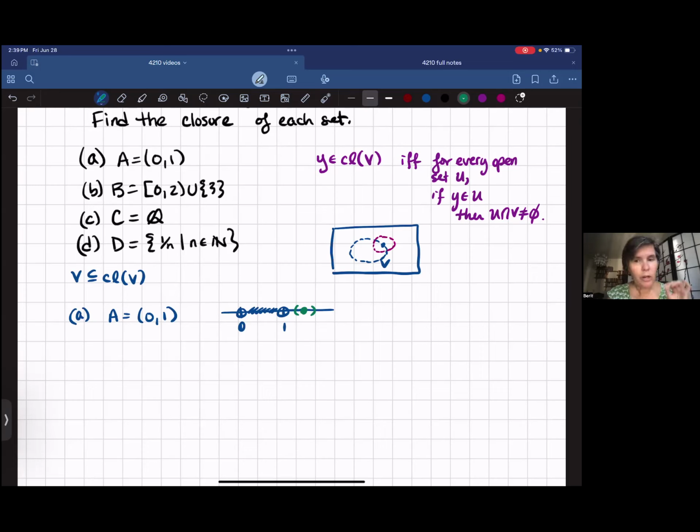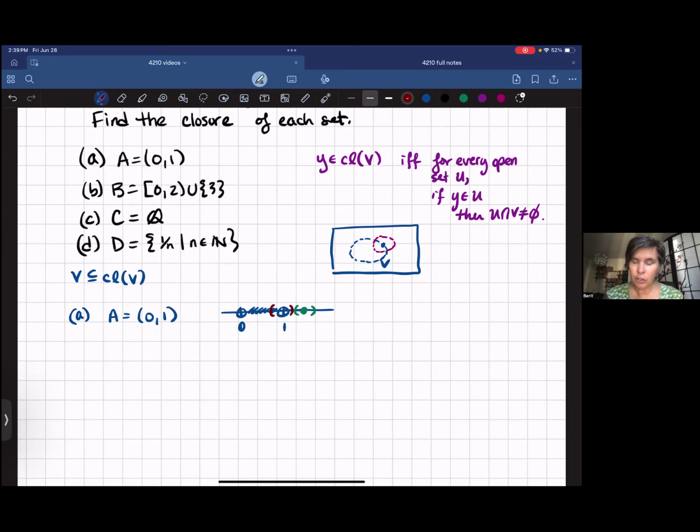Okay. What about the point 1? If I take the point 1 and I draw an open set around 1, will that open set have to touch A? Yes, no matter how small I draw that open interval around the point 1, there will be some points to the left of 1, which means it touches A. So 1 is in the closure.